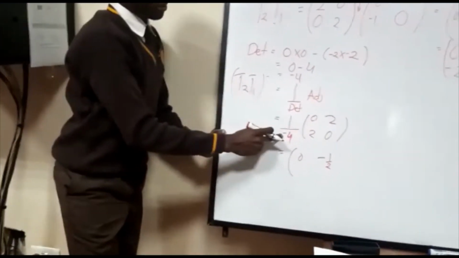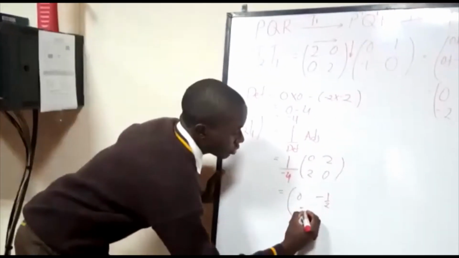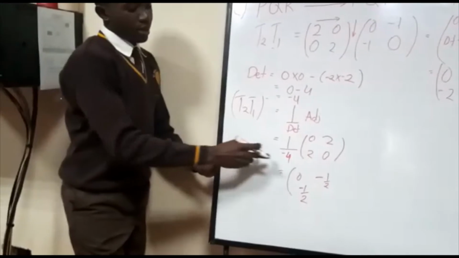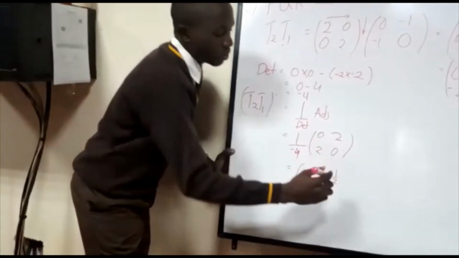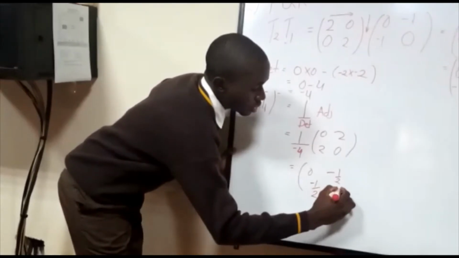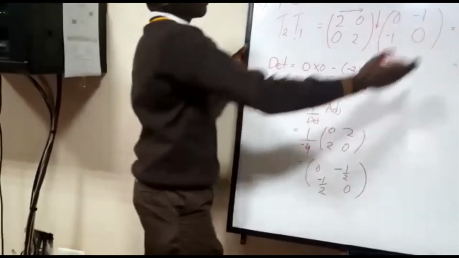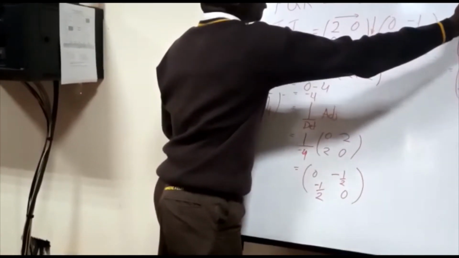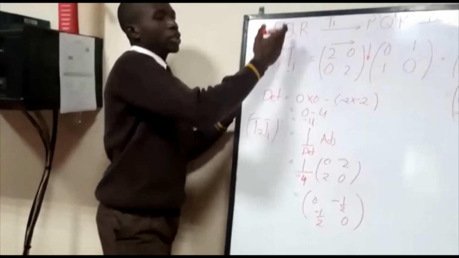Then negative 4 times 2, you get negative a half. And then negative 4 times 0, we shall get 0. So this is the matrix that will map P double prime, Q double prime, R double prime back to the original triangle, which is P, Q, and R.